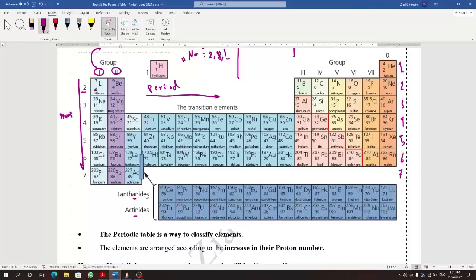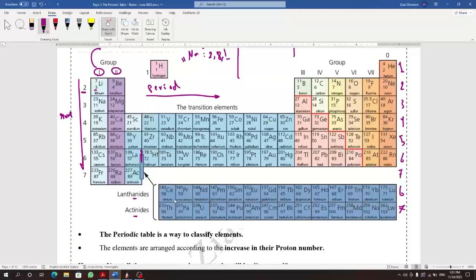The lanthanides are the elements right after lanthanum, and the actinides are the elements right after actinium, hence their names. And of course the lanthanides are in group 6, because if you look at their place, they are right here, that's group 6, and the actinides are in group 7. So don't get confused by these ones.